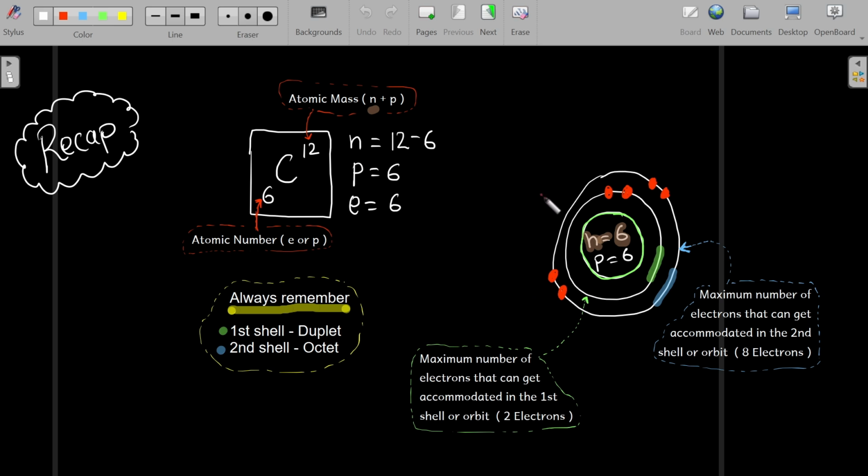Now, how am I going to make the electronic configuration for carbon? It is very simple. Always remember that the first shell is called your duplet, the second shell is called your octet, and so on.